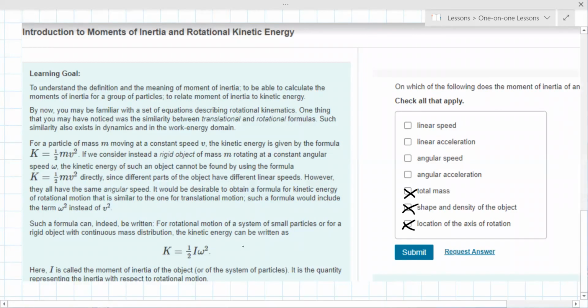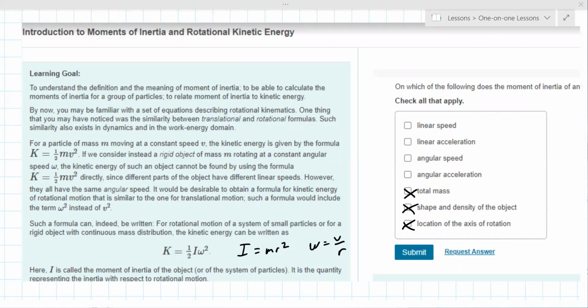These are because I is equal to mr squared. That's the mass, and R is based on the location of the axis. W is equal to V over R, I think. So that's not linear. It might be linear speed. I would try those three first. Those are correct.